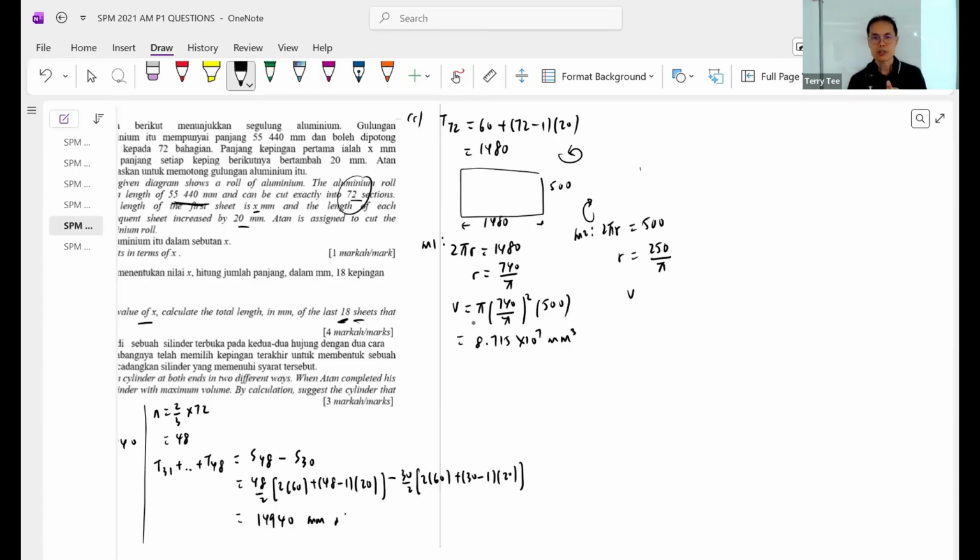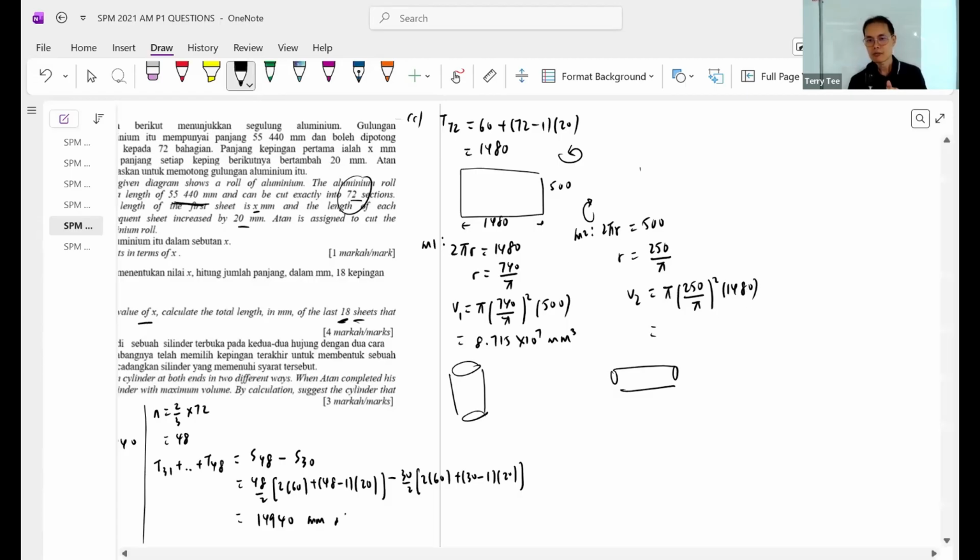So what's your volume? Maybe I call this V1, call this V2. So pi r square h. Your h is 1480. So this one is thinner. The first one looks like this. Second one looks like this, longer. Obviously, I can tell you the answer is the first one, right? Second one is thinner, longer.